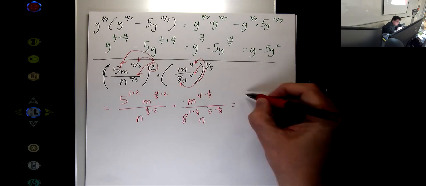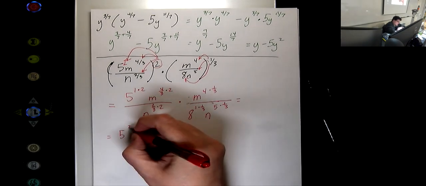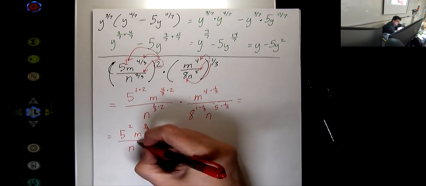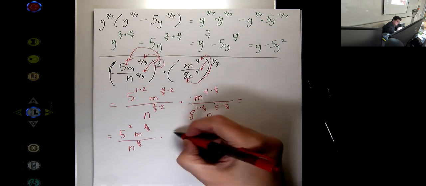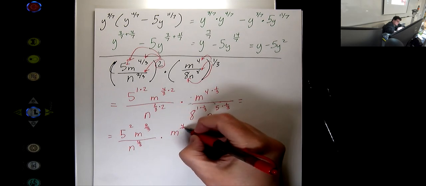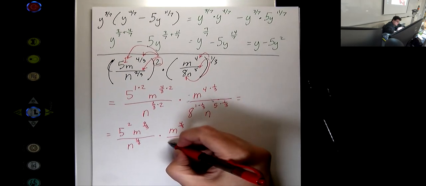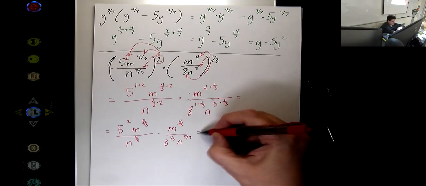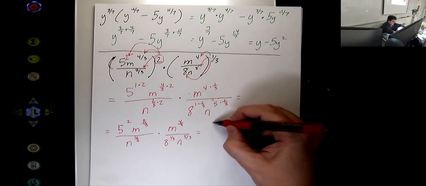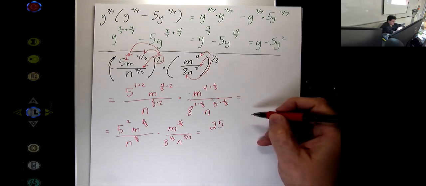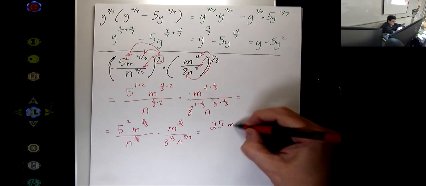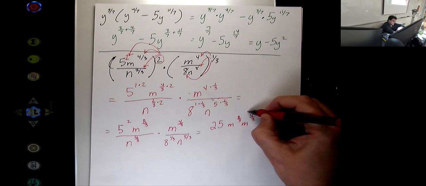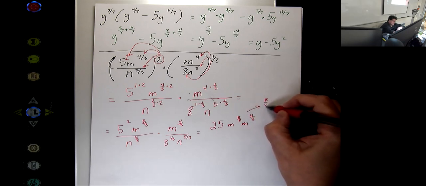I've got 5 squared, n to the 8/3, n to the 4/3, times n to the 4/3, 8 to the 1/3, n to the 5/3. So 5 squared is 25. I've got n to the 8/3 times n to the 4/3, which means I can add these. I should do 8/3 plus 4/3 and make them 1.